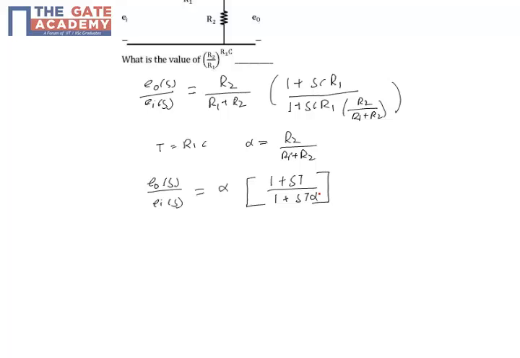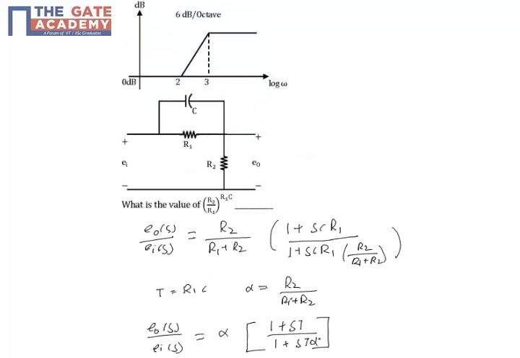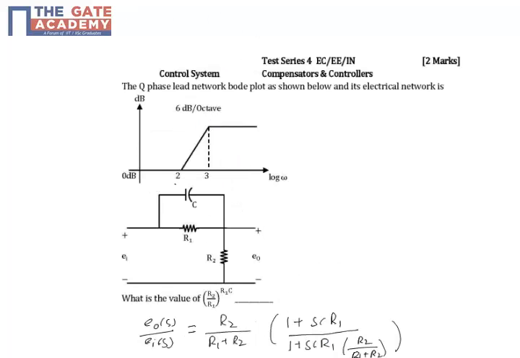Now we have the transfer function of the system. Looking at the Bode plot, we know that there is a zero here because there is a positive slope, and here we have a pole because the slope is getting evened out.